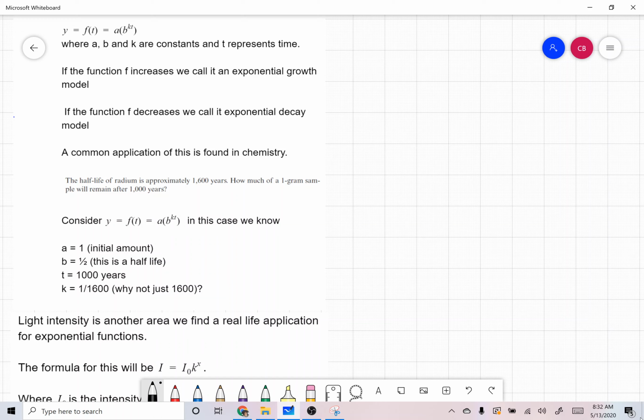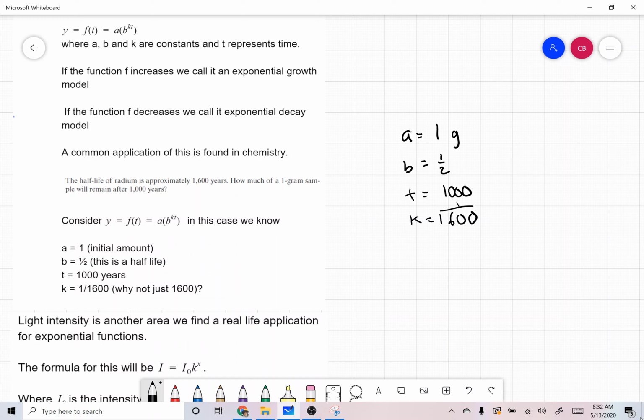So if we use the formula from before, we have a 1 gram sample. So A is 1 gram because that's the initial amount. B is actually 1/2. Why? Because this is a half-life. T here is 1,000 because that's how many years are actually passing. And then K is, I'm sorry, 1 over 1600.